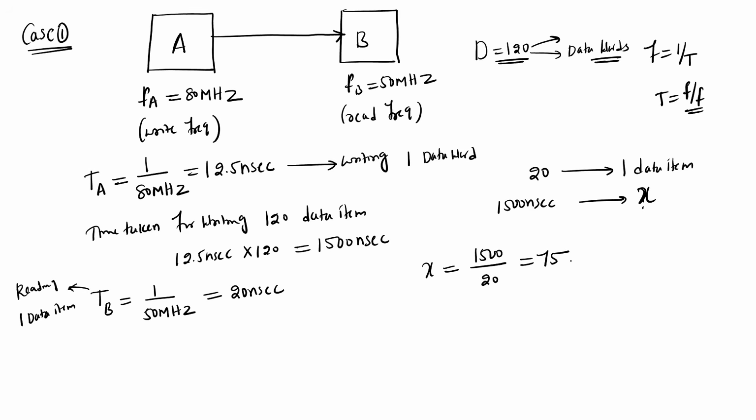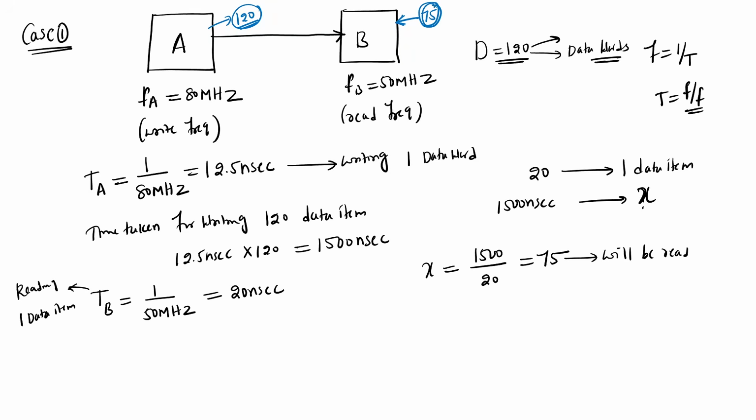This many data items will be read. Module A is trying to transfer 120 data items, but due to the difference in frequency, module B can read only 75 data items.